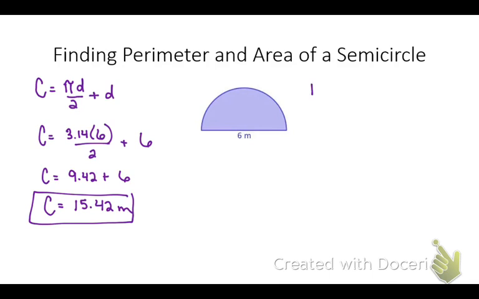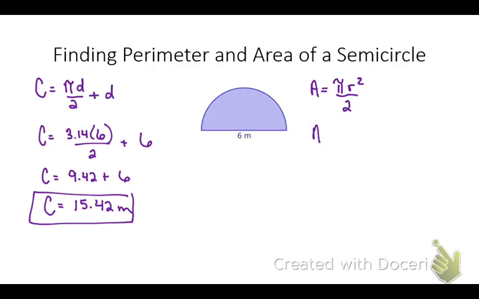Now, what about the area of my semicircle? What do you guys think that formula will be? A equals pi r squared divided by 2. Okay, because remember, pi r squared gives me the whole circle. So I only need half of it, so I divide by 2.